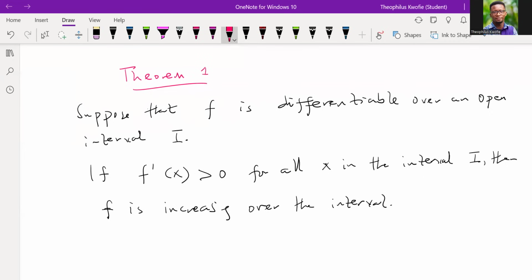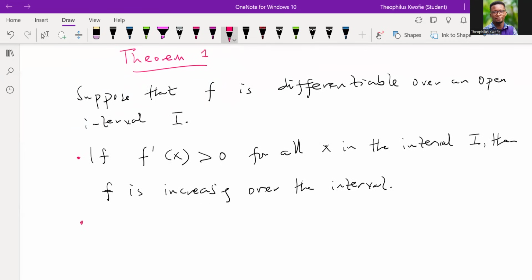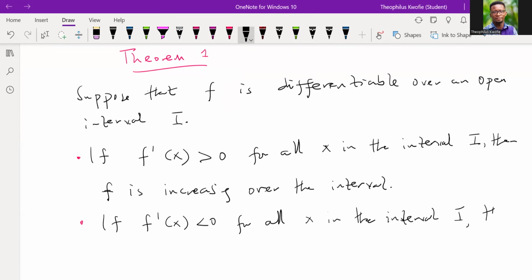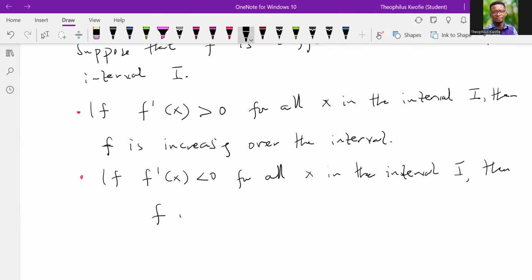So I want us to take note of that. And another thing is that if f prime of x is strictly less than 0 for all x in the interval I, then f is decreasing over the interval.